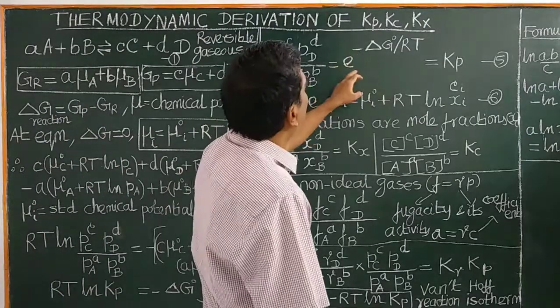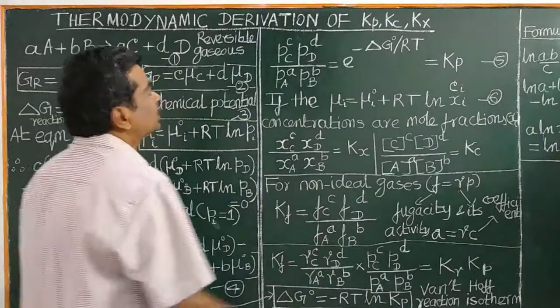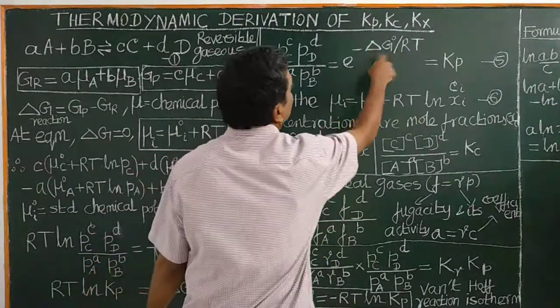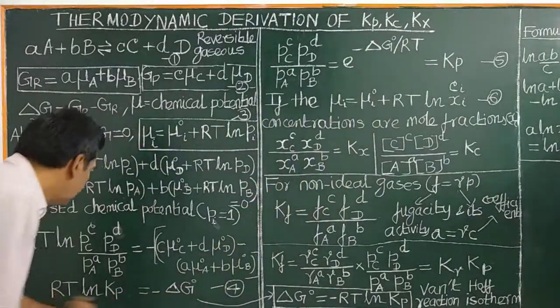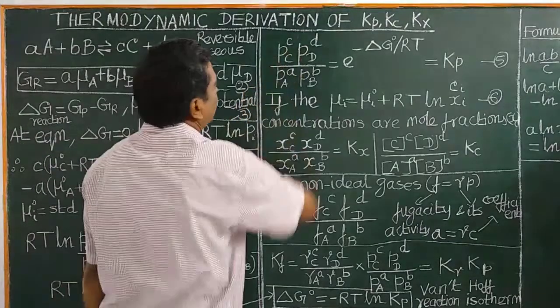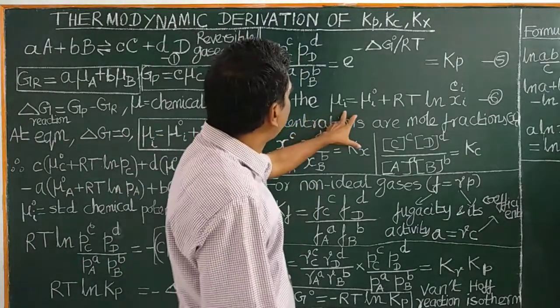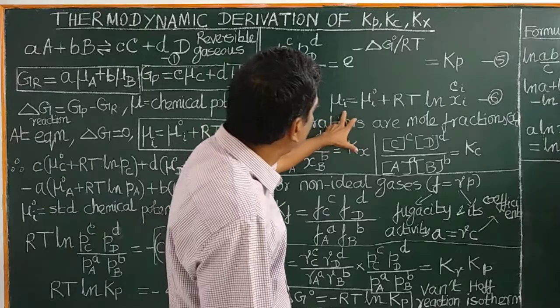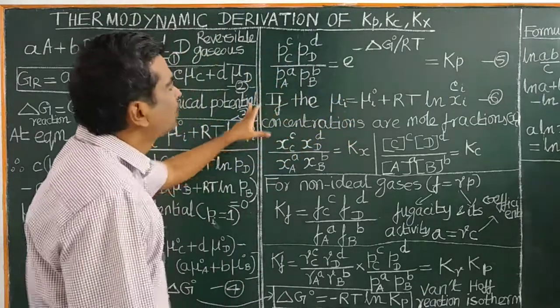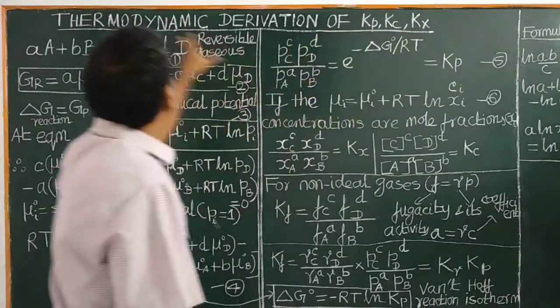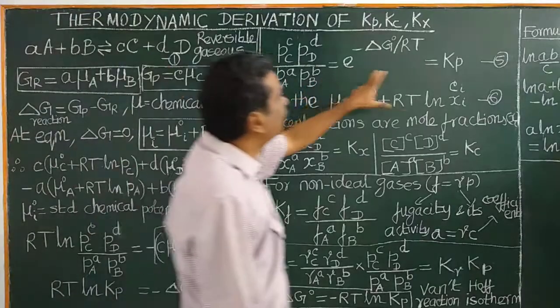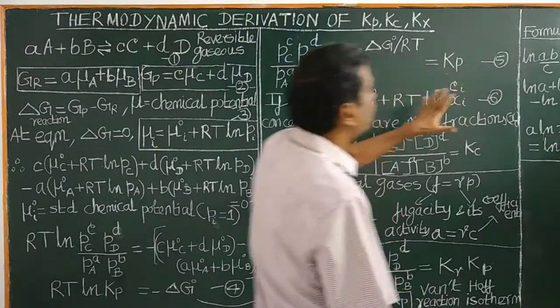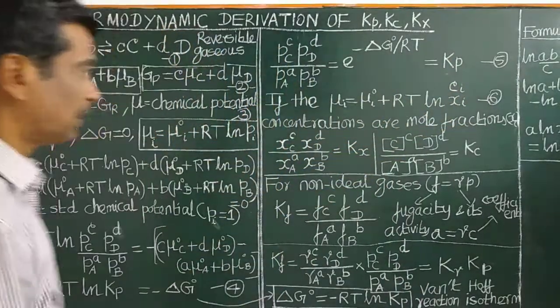If you take the logarithm, you will get minus delta G naught by RT ln Kp. Thus we have thermodynamically derived the equilibrium constant in terms of partial pressure.